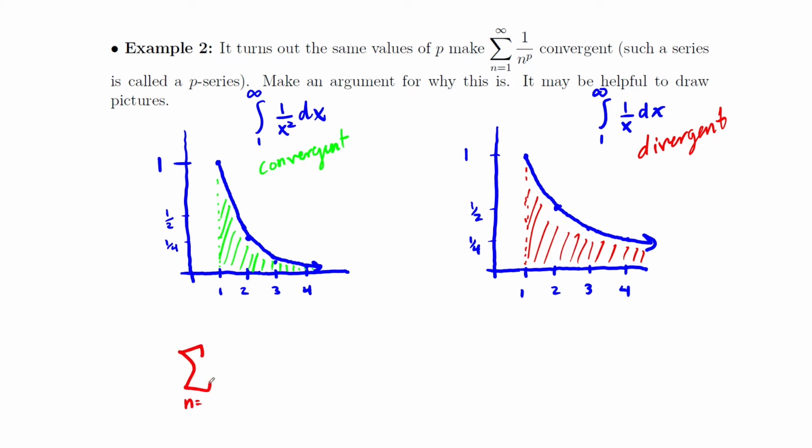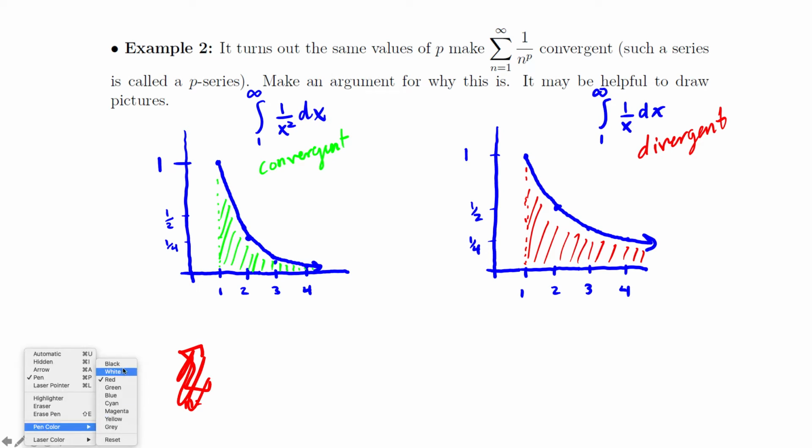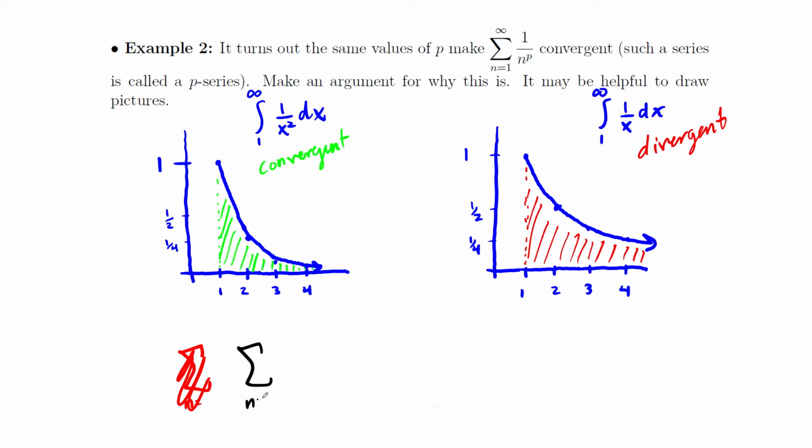n equals, let's not use red. Sorry, let me get a neutral color going here. So down here, let's think about the sum from n equals 1 to infinity of 1 over n squared, right? So what's that going to be? That's going to be 1 plus 1 over 2 squared plus 1 over 3 squared plus 1 over 4 squared, and so on, right?